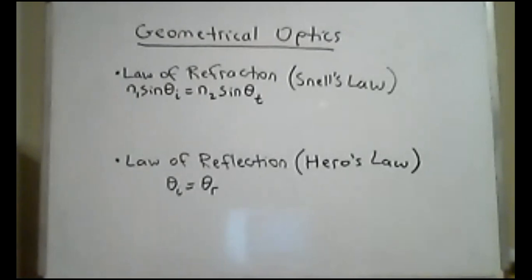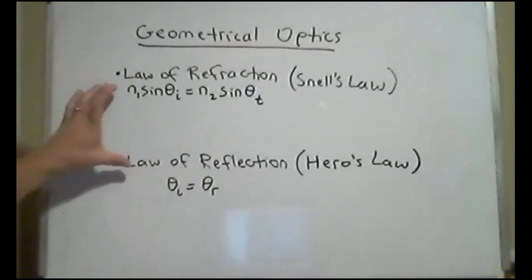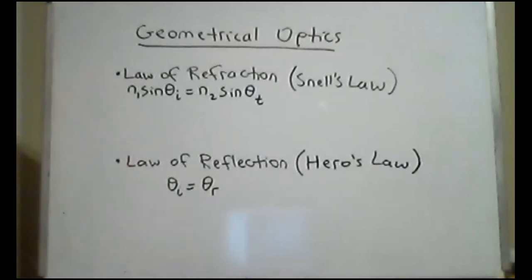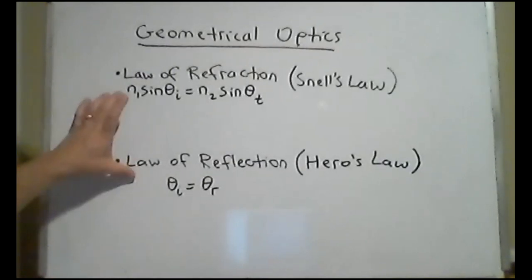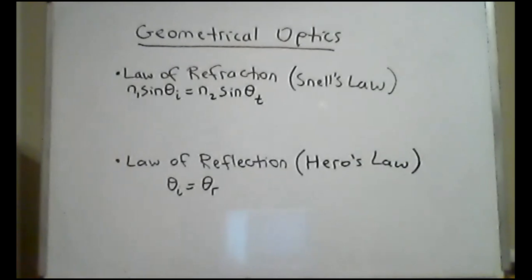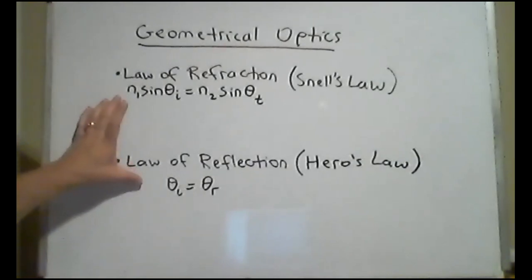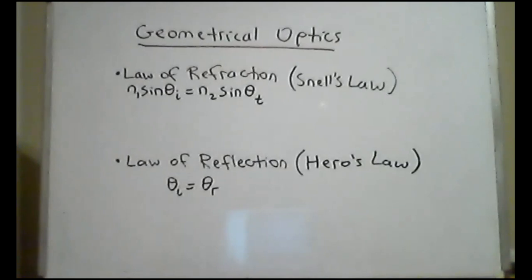So a law of physics is a behavior in the universe that is always true, that does not have a more primary cause. The fact that I can explain these two equations based upon something more fundamental means that they are not actual laws of physics. But we use them as the main equations for optics. In geometrical optics, really all you need are these two equations.